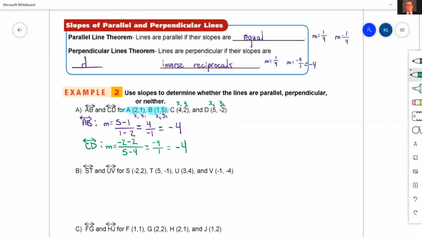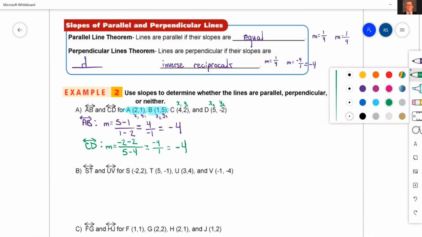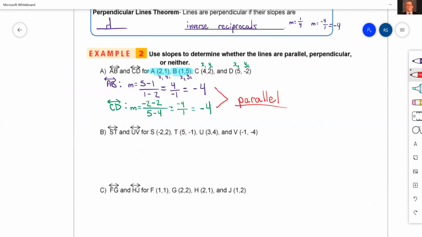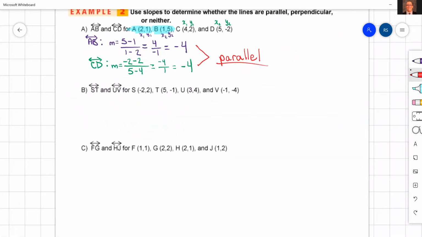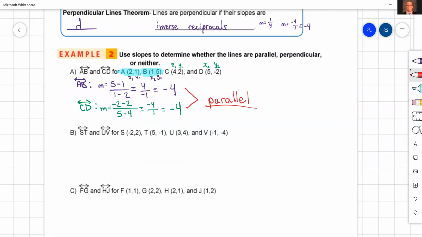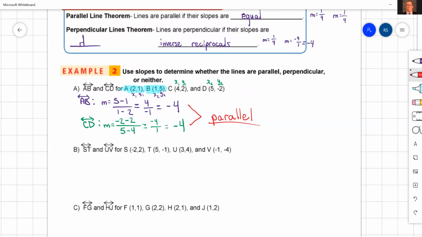So now that we found the slopes of each of these, let's compare them. Since they're the same, this tells us that these are parallel. Let's see, I can maybe leave that up there and get that one.